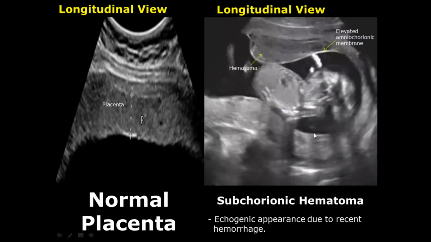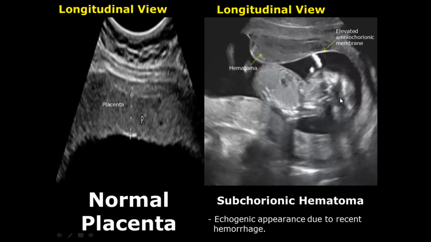A subchorionic hematoma can resemble a placenta as the bleeding occurs below the chorionic layer. It elevates the amniochorionic membranes, but they have one distinguishing feature, that is this hyperechoic line. This line is of the amniochorionic membrane. And a fresh hematoma will appear echogenic.